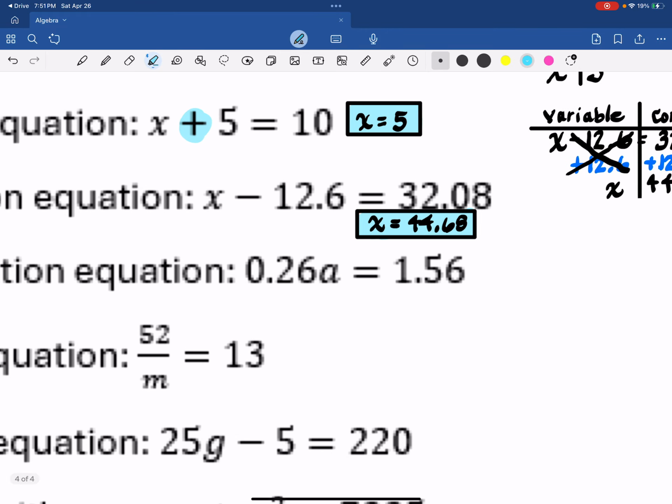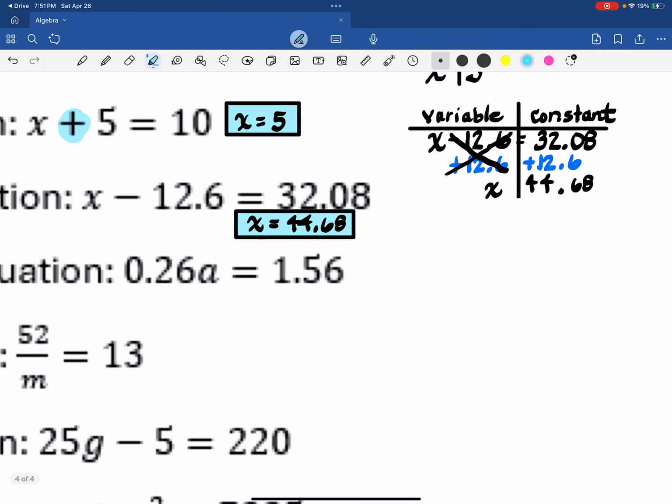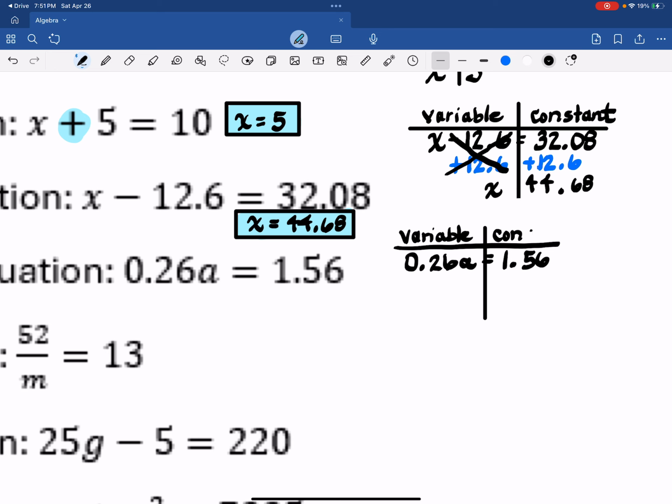All right, a multiplication equation. We have 0.26 times a equals 1.56. So determine your variable side. And your constant side.